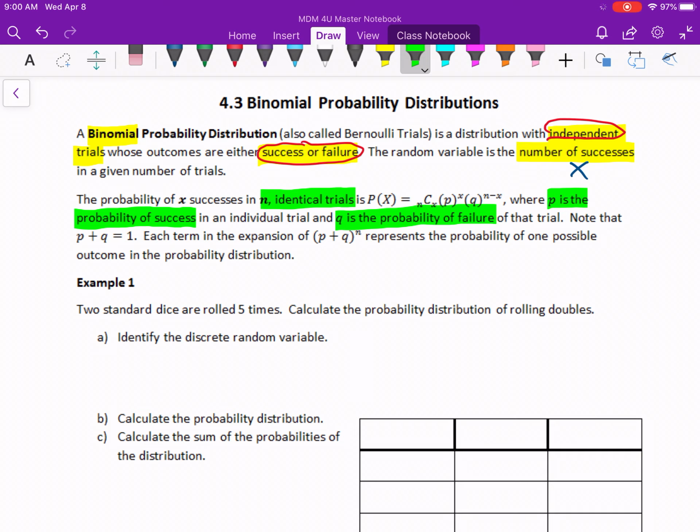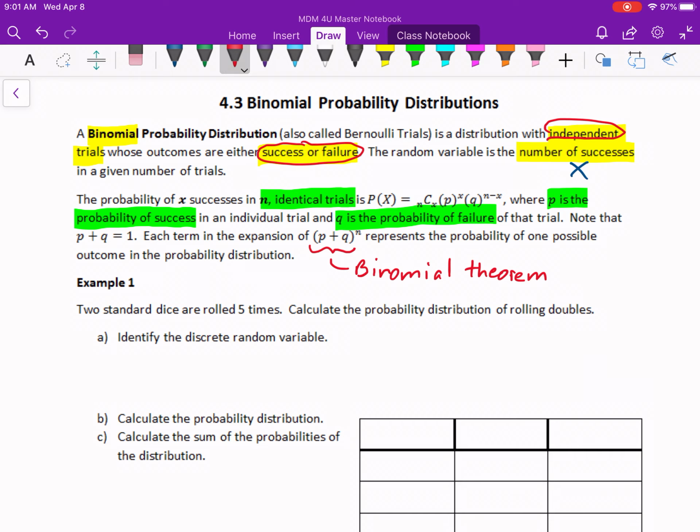It should, because that is relating to the binomial theorem that we talked about in the last unit. We don't need to actually use the binomial theorem or expand it out, but if we did, it would relate to all the different probabilities that we are going to put together in the distribution.